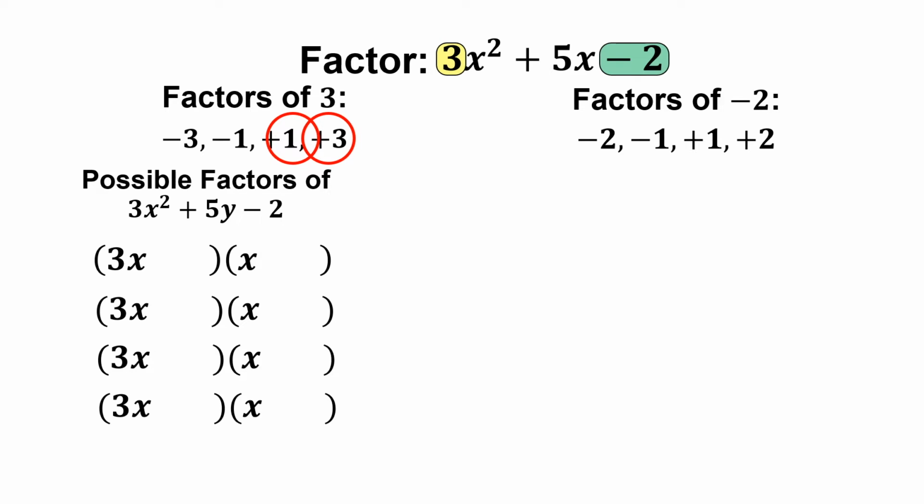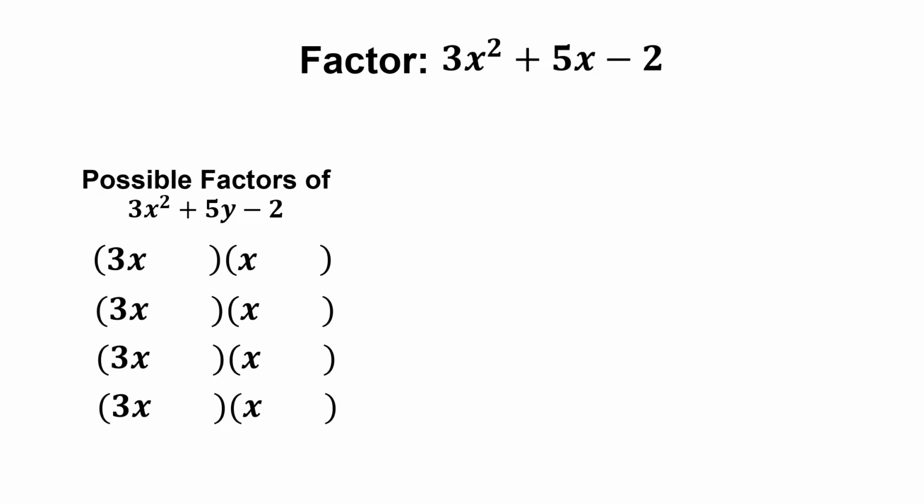At dahil negative ito, dapat isang positive at isang negative na ang factor ng 2 na ating gagamitin. Kaya ang mga pagpipilian natin ay 3x minus 2 times x plus 1, 3x minus 1 times x plus 2, 3x plus 2 times x minus 1, at 3x plus 1 times x minus 2.